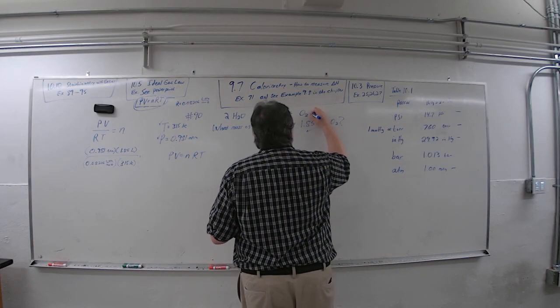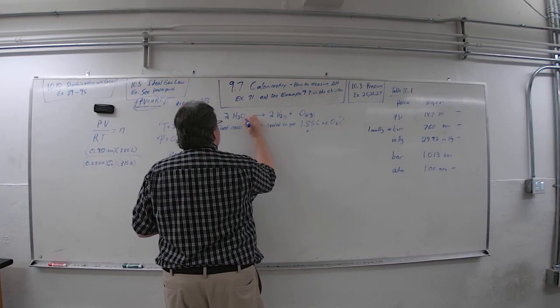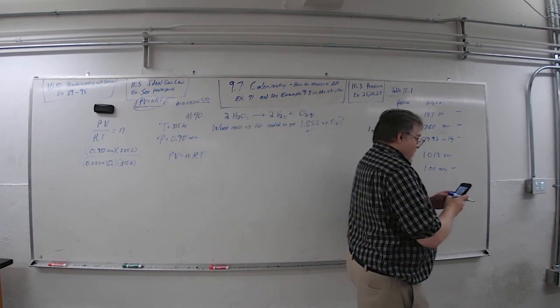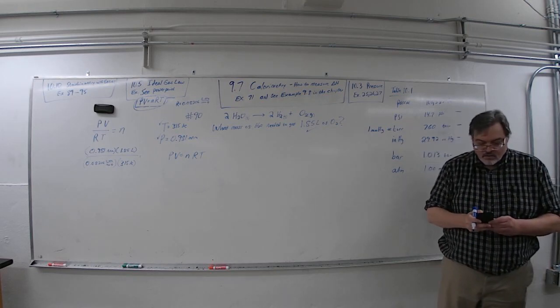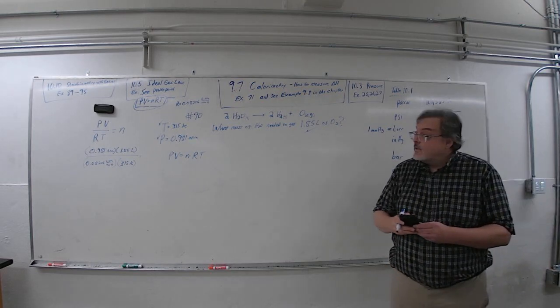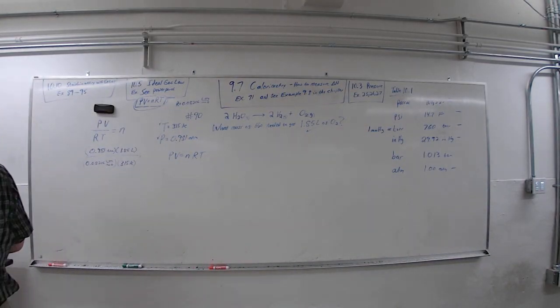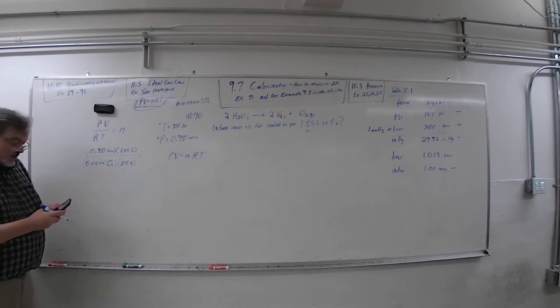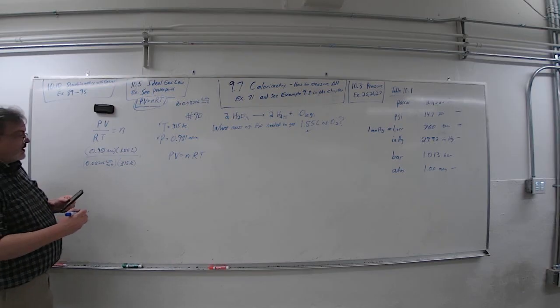This is a gas. That matters here. 0.981 times 1.85 divided by 0.08206 times 315.